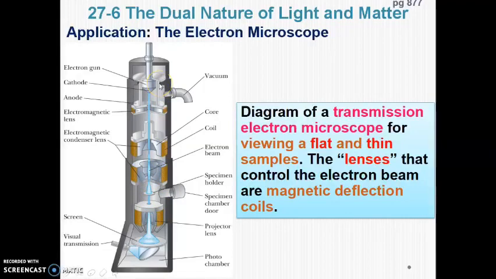The lenses that control the electron beam are magnetic deflection columns. This one should be your electromagnetic lens, and this one is an electromagnetic condenser lens.